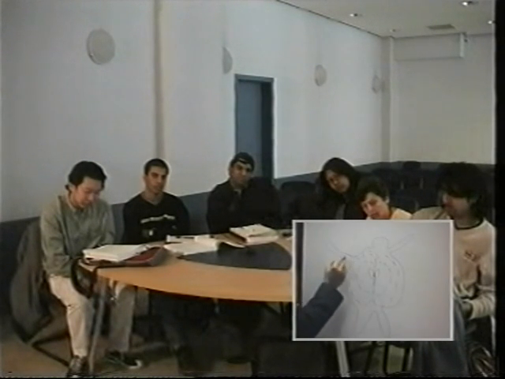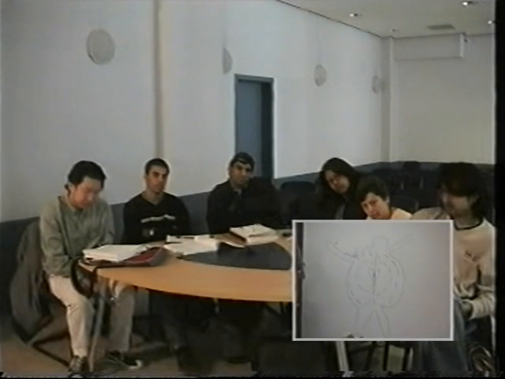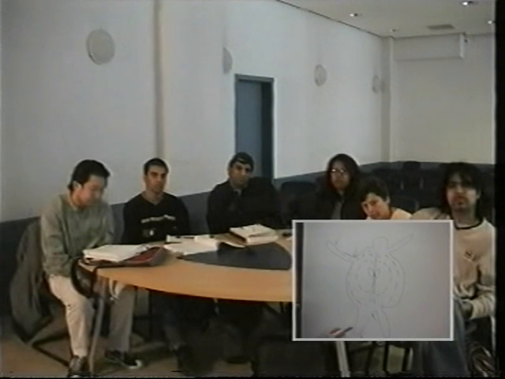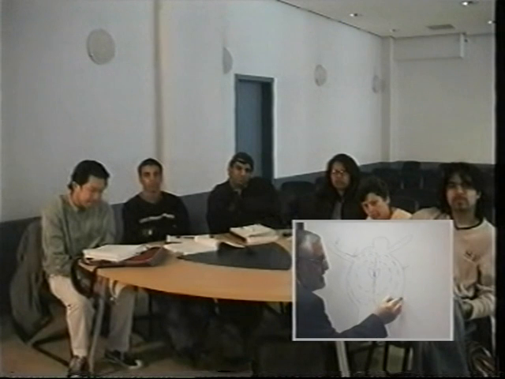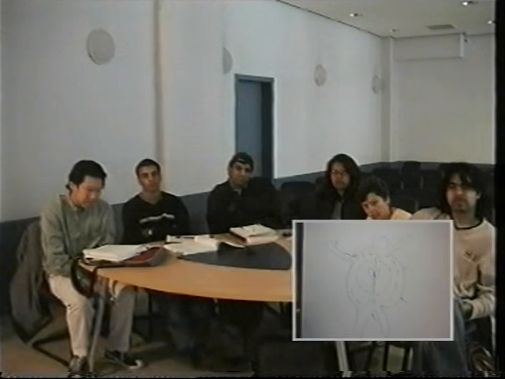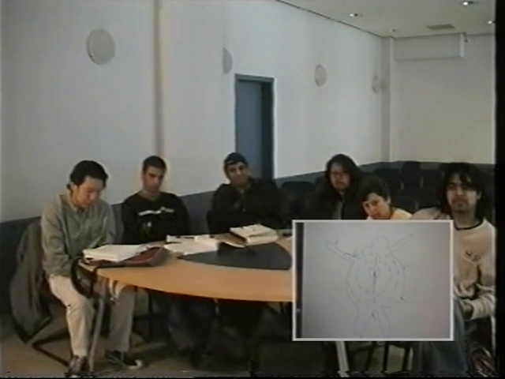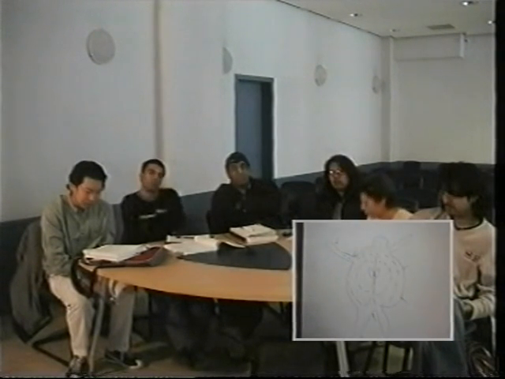So if you measure here, or here, or there, or over here, it is going to be approximately the same. But if you measure here and you measure there, there may be much more difference between them than between here and there. Okay? This is because of the shape of the body.